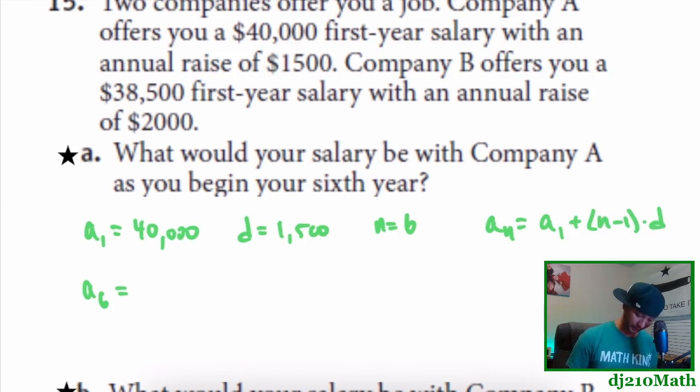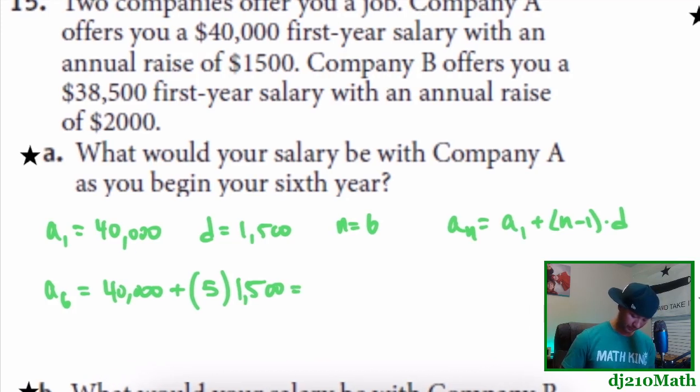So a sub 6 is equal to the first term, 40,000, plus n minus 1, so 6 minus 1, which is 5, times 1,500. 1,500 times 5: 15 times 5, so 5 times 5 is 25, carry the 2, 5, 6, 7.